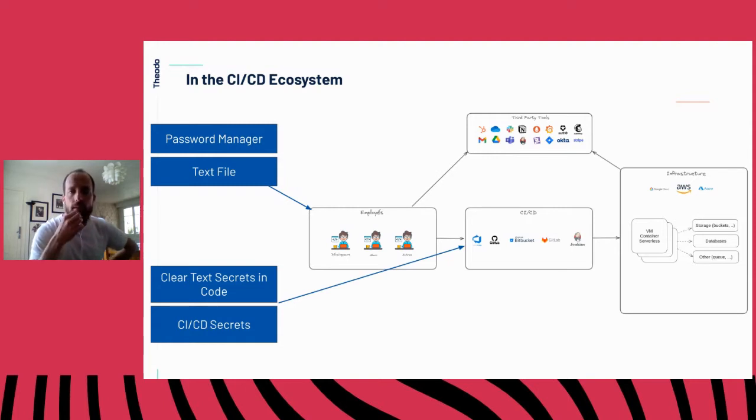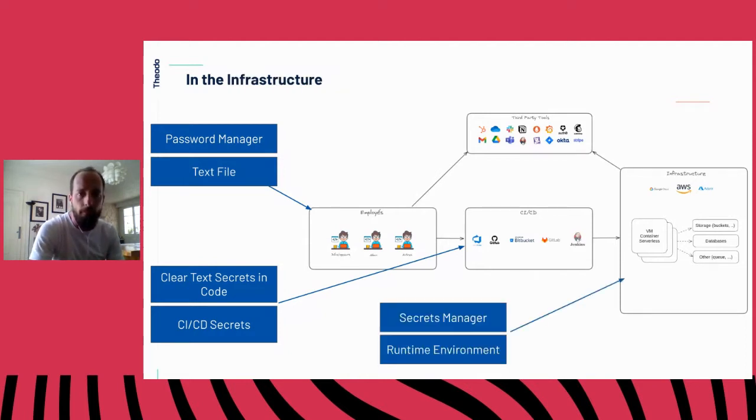On the CI/CD, they are mainly stored in the code base. This is a very bad practice, but we still see it nowadays. Or it is stored as CI/CD secrets, so the CI/CD is able to deploy any assets to the infrastructure. And on the infrastructure itself, for example, cloud infrastructure, it will be stored in the secret manager software, and it will also be stored in the runtime environment, in the virtual machine, containers, serverless functions, anything.